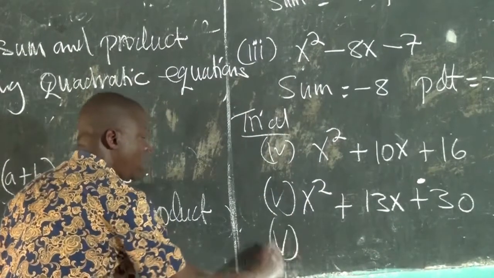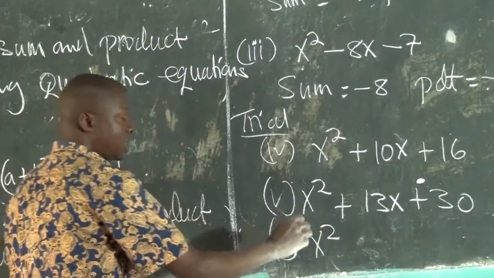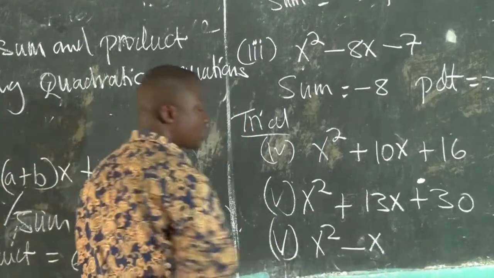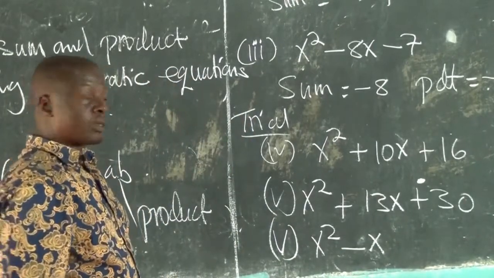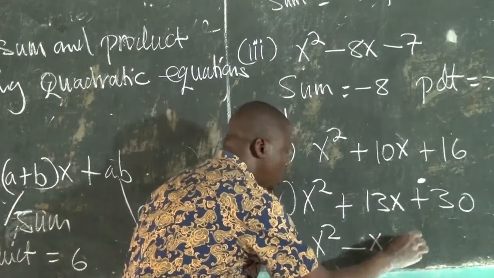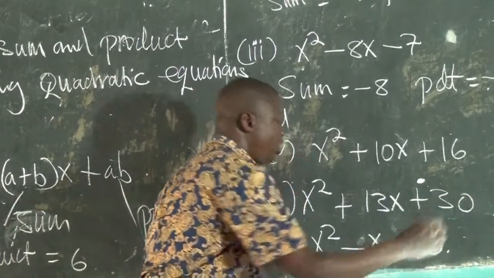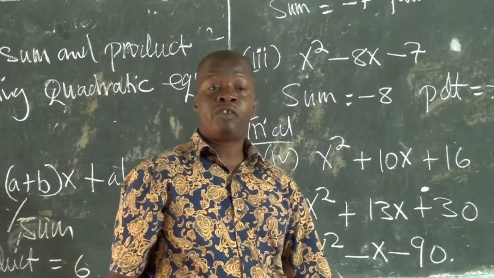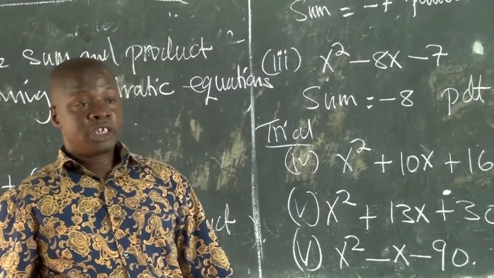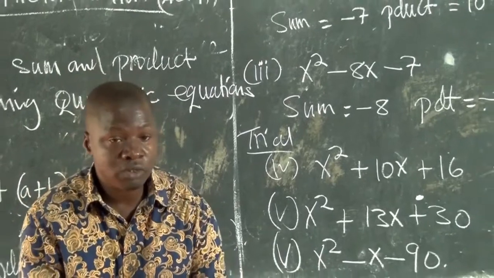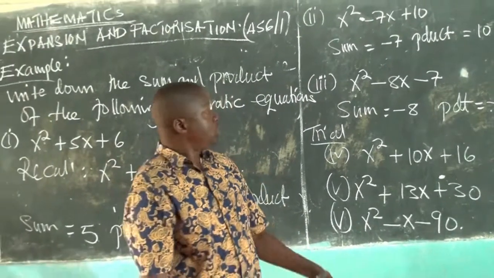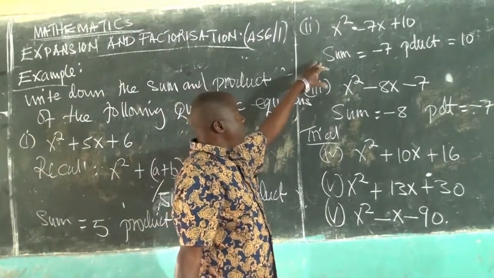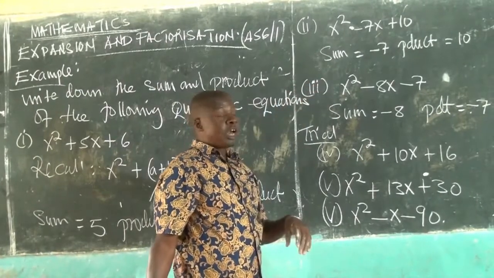Next, we have x squared minus x minus 90. Before we look at solving the quadratic equations by factorization, we need to know the sum and the product.